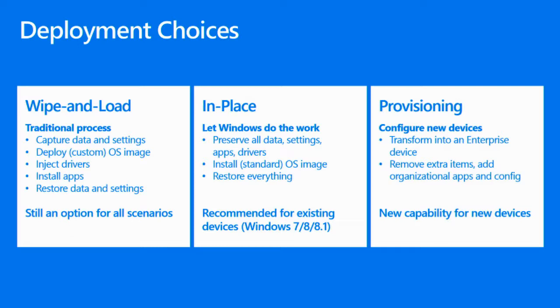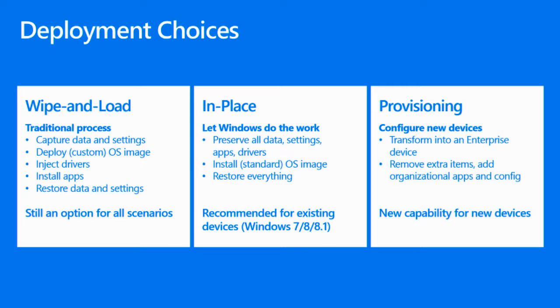Behind the scenes, in-place upgrade works pretty much the same way, except Windows is doing all the work. So it automatically captures all the data and settings from the OS, but in addition to that, it captures all the drivers and all the apps. So it effectively grabs anything that's not part of the OS, moves it off to the side, lays down a brand new clean operating system, and then merges all of that back in.